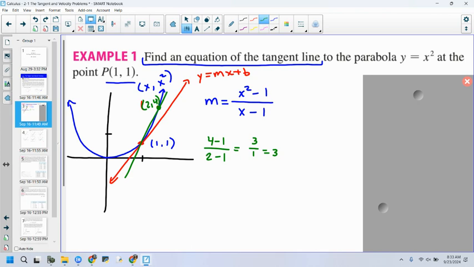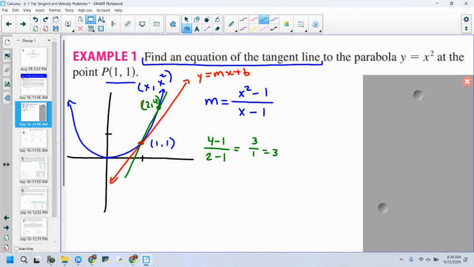But that's pretty far away, right? What if I wanted to bring this point closer? If I brought this point 2, comma 4 a little closer to 1, comma 1, wouldn't that give me a little bit more precise slope? Wouldn't that slope get closer to the true slope?